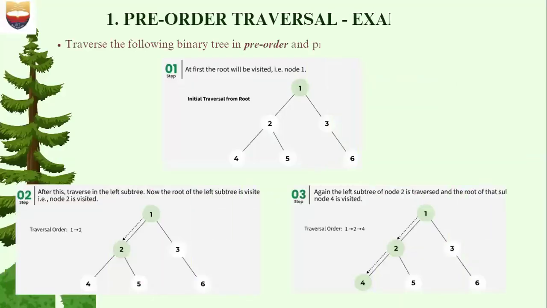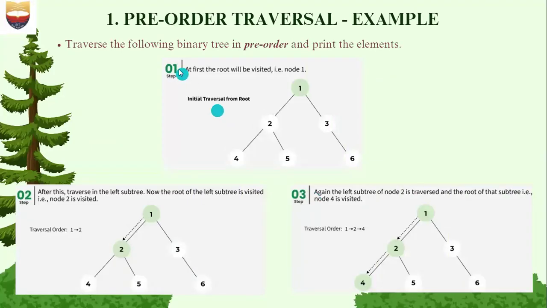Let us have one example. Traverse the following binary tree in pre-order and print the elements. Now we are going to do pre-order traversal on this binary tree, right? The given binary tree is this one.